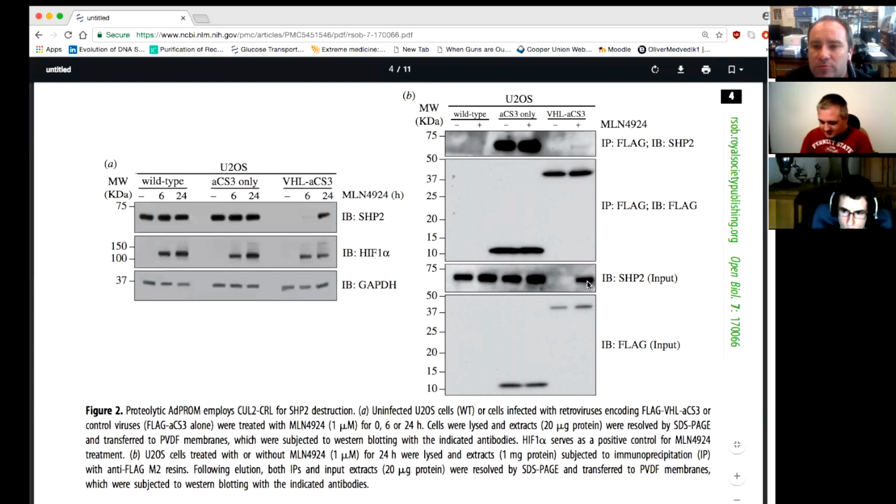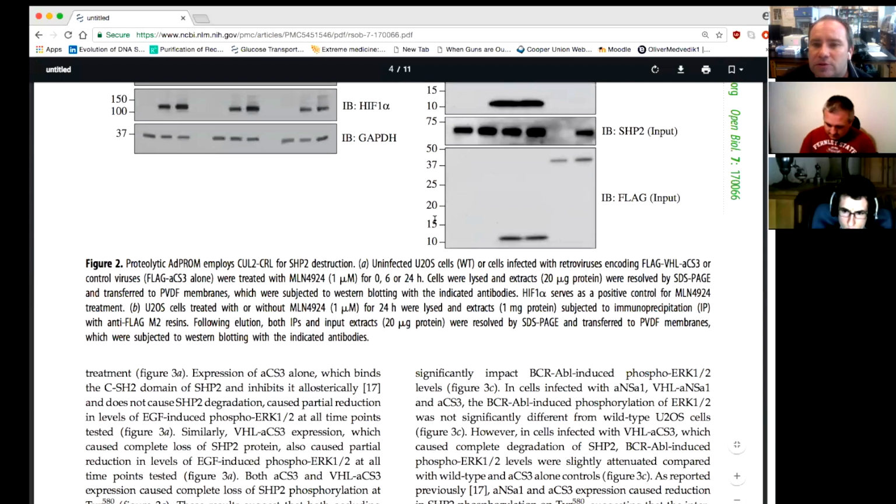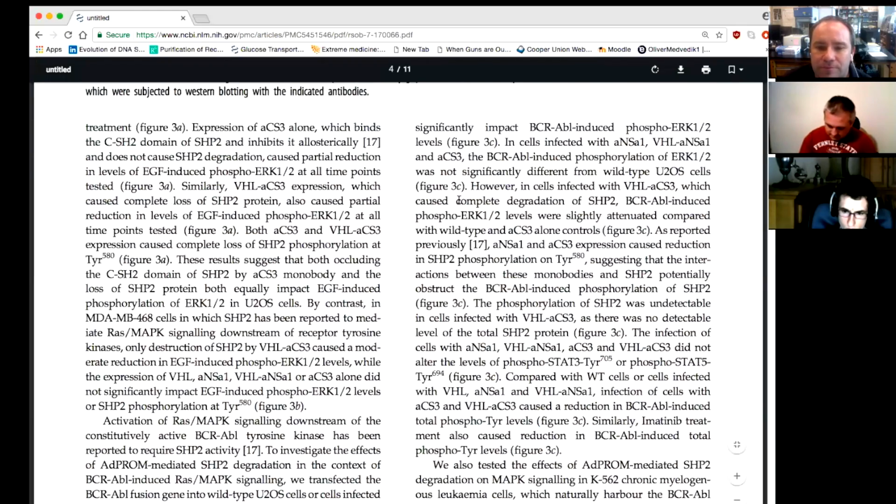So there's a lot of SHP2 in these cells that have been blocked with MLN4924, but just a tiny bit coming out with VHL ACS3. So maybe the SHP2 is binding to other things. I'm not sure. But these monobodies are specific and they bind to SHP2.